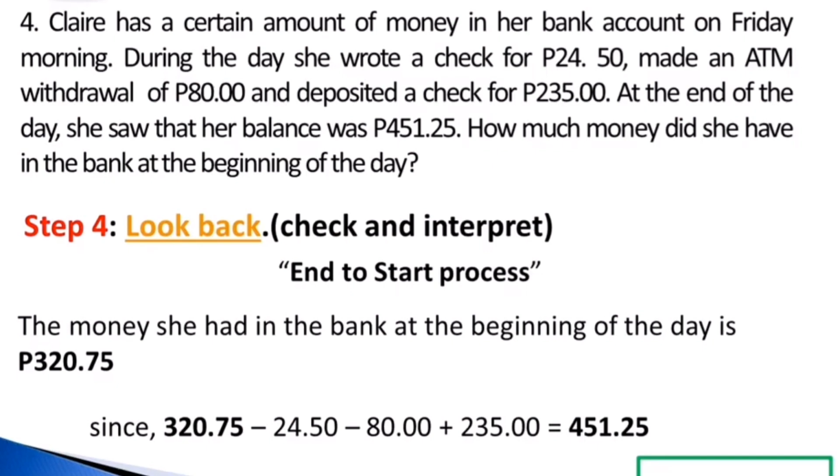Right after that is addition because she put some money by depositing the amount of 235. Since the balance at the end of that day is 451.25, that really satisfies the given equation. So that is the function of using working backward as the strategy in solving a worded problem.